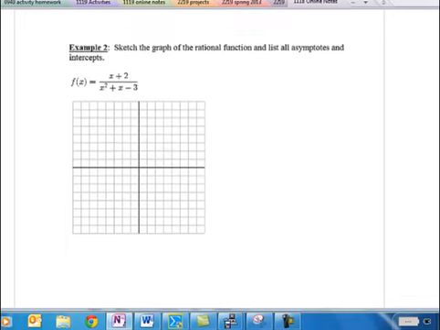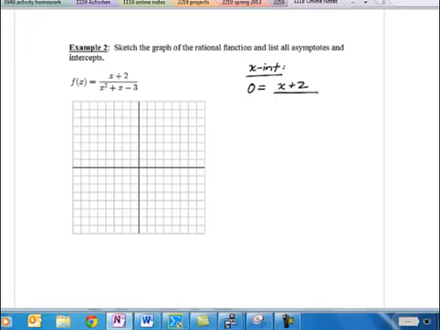So, for this particular example, let's find the intercepts first. We'll start with the x-intercepts, and that's where the function is 0.